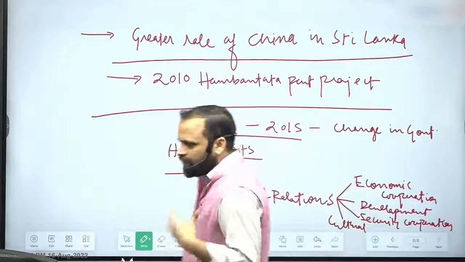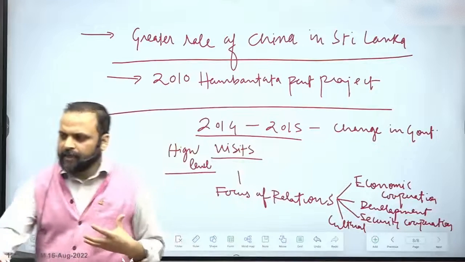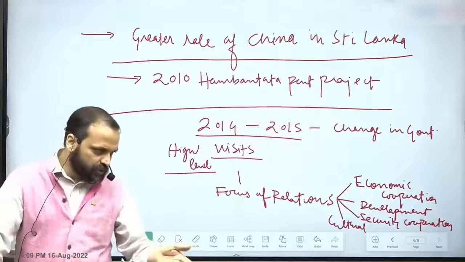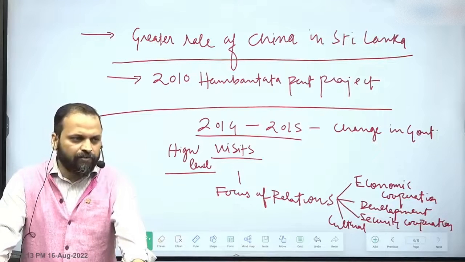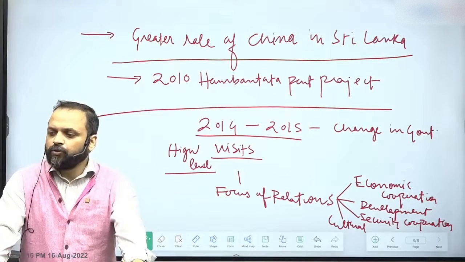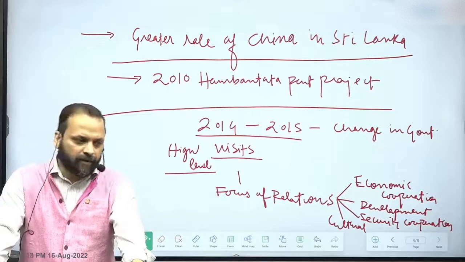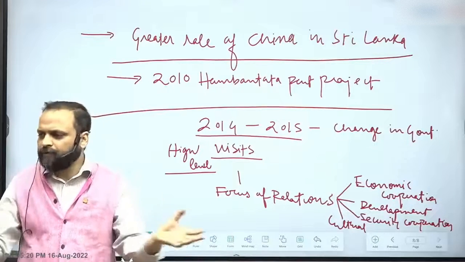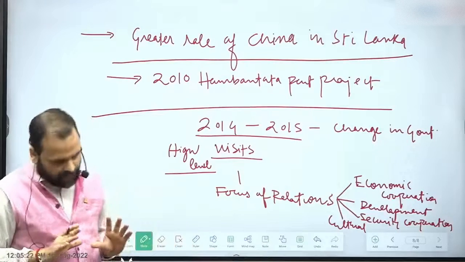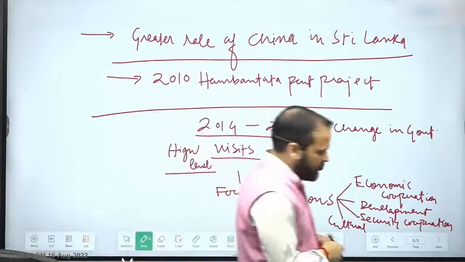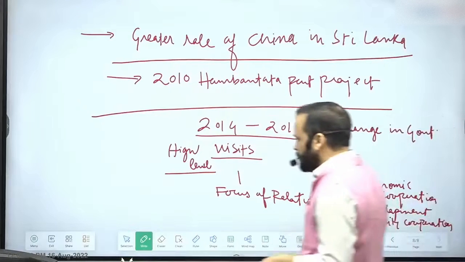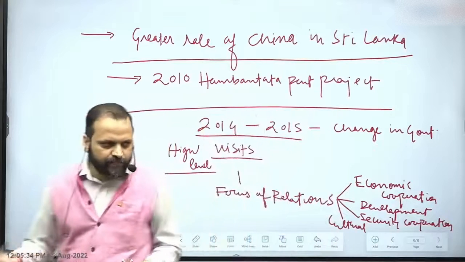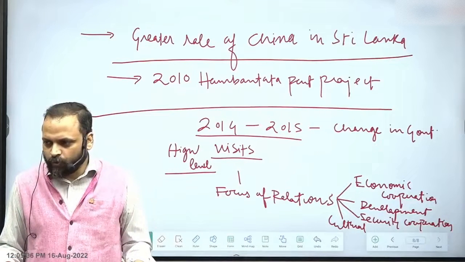Meaning, in one way what has happened is that political issues like the issue of Tamil rights in Sri Lanka for a while were put on the back burner, right? Because abhi civil war khatam hua hai, there is no LTTE, so this issue is not a major issue. So let's cooperate on other issues: economic cooperation, development cooperation, security cooperation, and cultural cooperation. So that is what India and Sri Lanka have been trying to do.